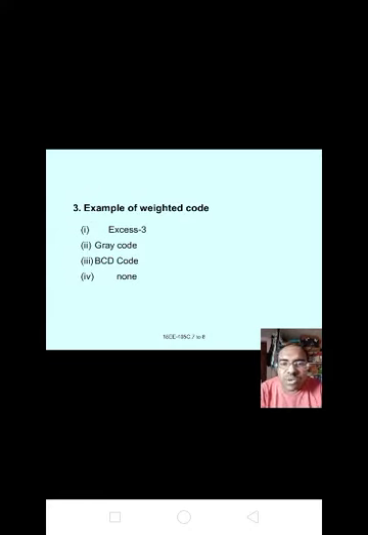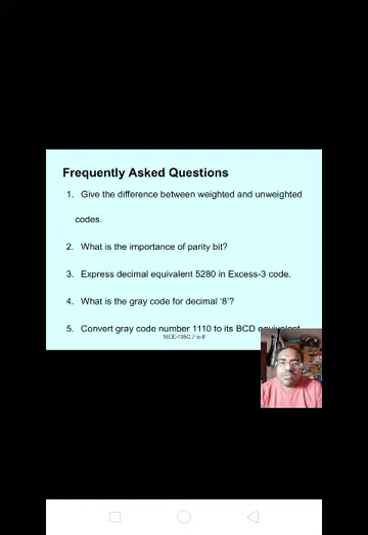Example of weighted code: A XS3, B gray code, C BCD code, and D none. Answer is C, BCD code.